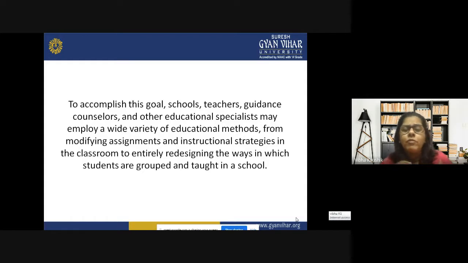No, they are using a very wide variety of educational methods, from modifying assignments and instructional strategies, meaning changes in the pattern of assignment and the way in which instructions are given to the learner in the classroom, to entirely redesigning the ways in which students are grouped and taught in a school. Redesigning means the methods or new approaches are redesigned in such a way that all students can satisfy their needs.